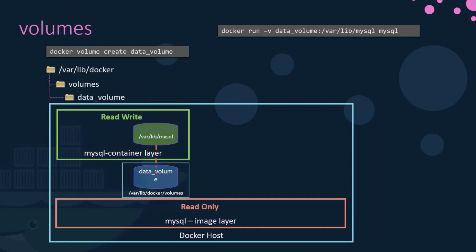Now, what if you didn't run the docker volume create command to create the volume before the docker run command? For example, if I run the docker run command to create a new instance of MySQL container with the volume data_volume2, which I have not created yet, Docker will automatically create a volume named data_volume2 and mount it to the container.